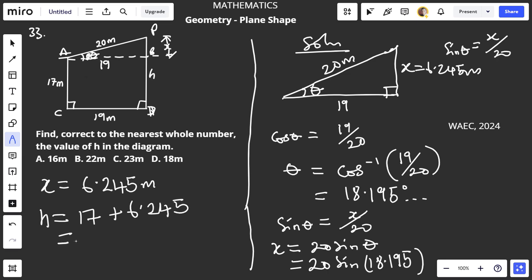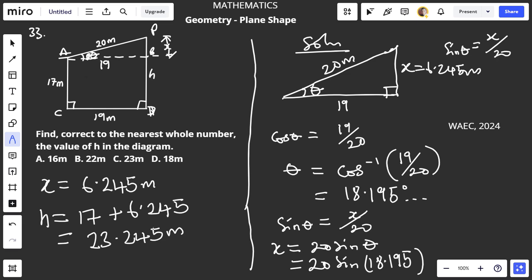If you add those two numbers, you'll have 23.245 meters. And the question says correct to the nearest whole number.